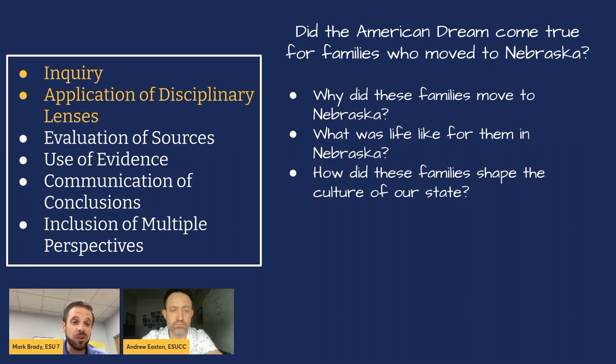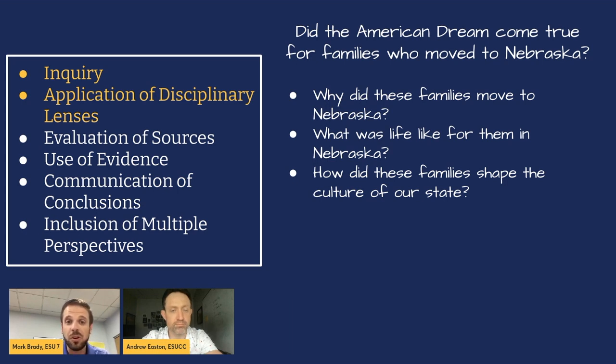Well, we might put on our geographer lens and say, what's true about Nebraska that might draw people in? Maybe there's an economist lens there as well: what features of the state, maybe true of our soil or our climate, might have economic ramifications in terms of the types of jobs people might have here? What kind of jobs brought people here in the first place?